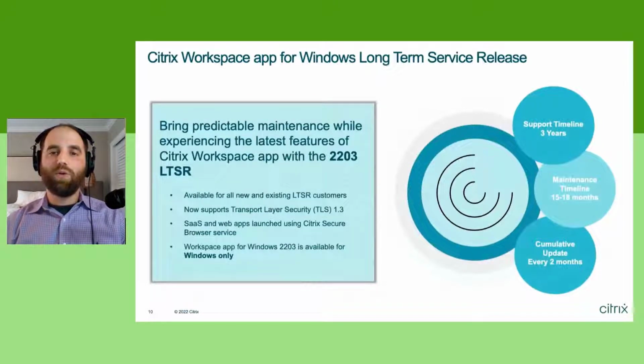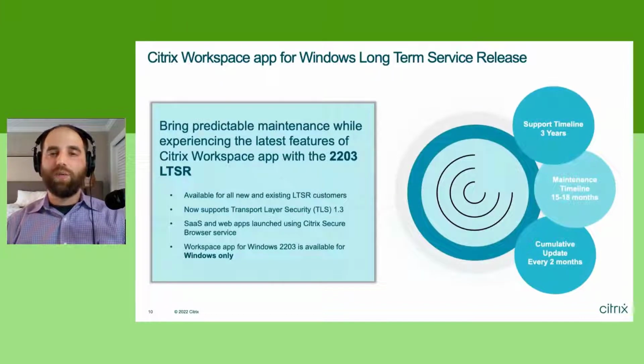So the corresponding 2203 LTSR Workspace app is the version that we would recommend. And remember, this is a baseline component when we talk about baseline and optional components for full LTSR compatibility. Now, from a feature perspective, this Workspace app will support the latest security standard of TLS 1.3, as well as our SaaS and web app launching capability through Citrix Secure Browser Service, which is our throwaway Linux browser service.